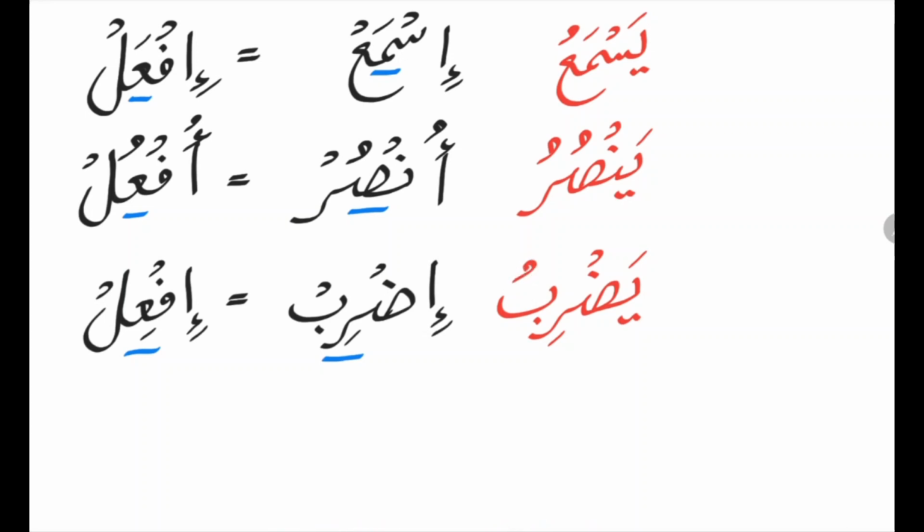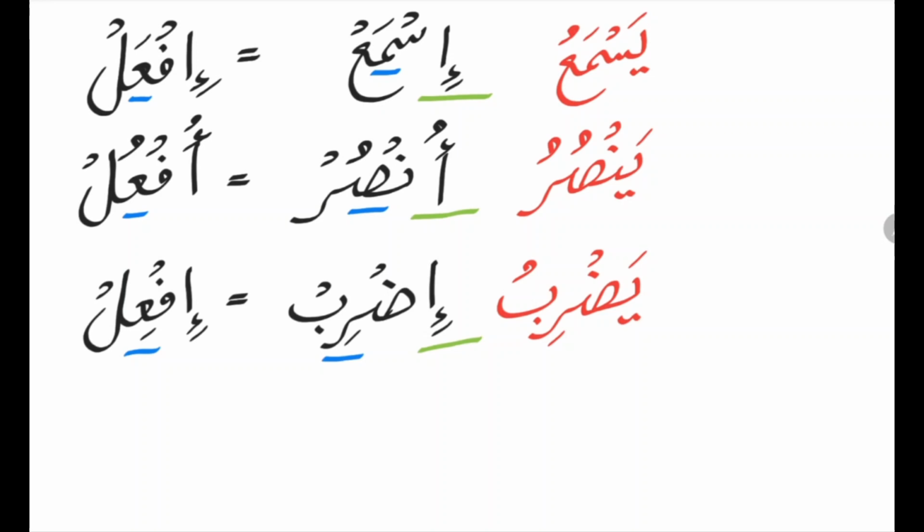The other way in which ayn kalima of fi'l mudari' governs amr is with respect to the hamza al-wasl of amr. If you see the hamza al-wasl over here, these are the hamza al-wasls. You'll notice that in isma and idrib, it has a kasra, but in unsur it has a dhamma. And that's because it's the dhamma, the ayn kalima, which is governing the hamza al-wasl.